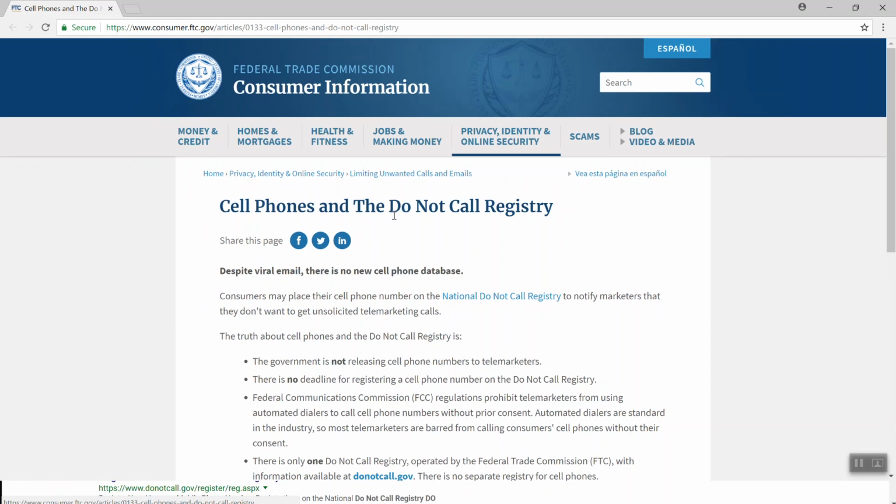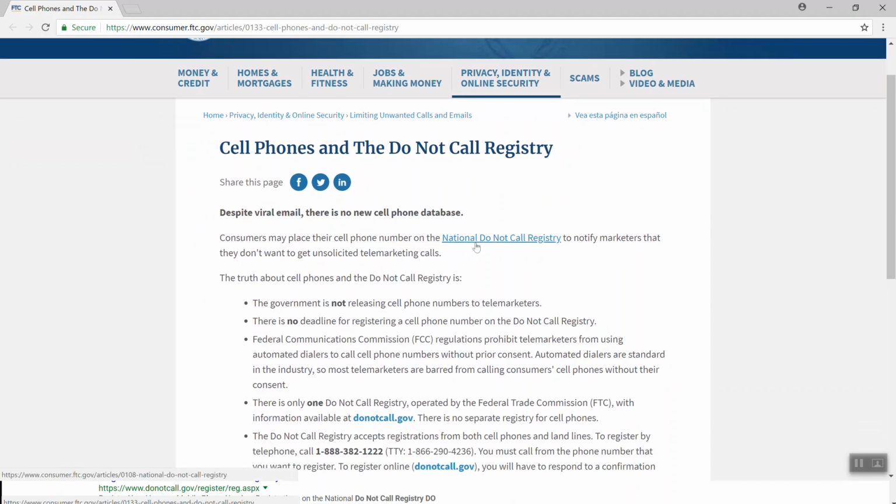See, here's cell phones and a do not call registry. If you've got your cell phone, you can come out here and there's a national do not call registry to notify marketers. Now, problem is, when you sign up for that, if somebody calls you anyway, are you going to take the time to call the FTC and report them?